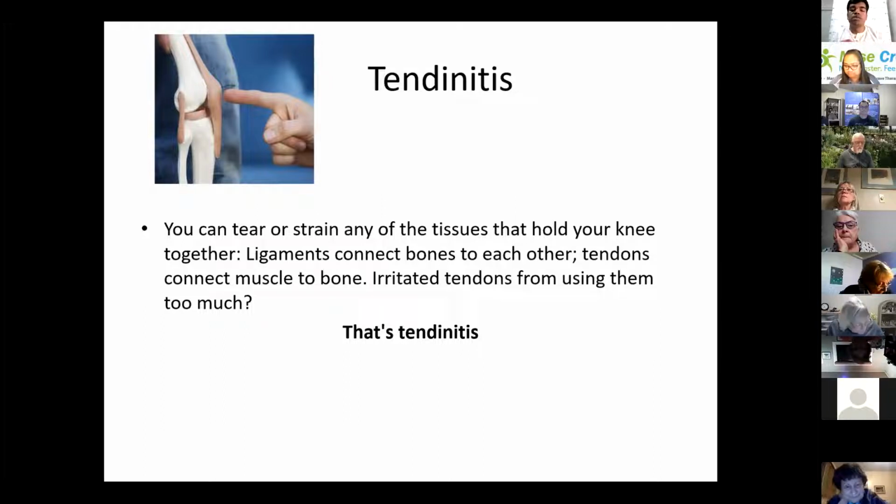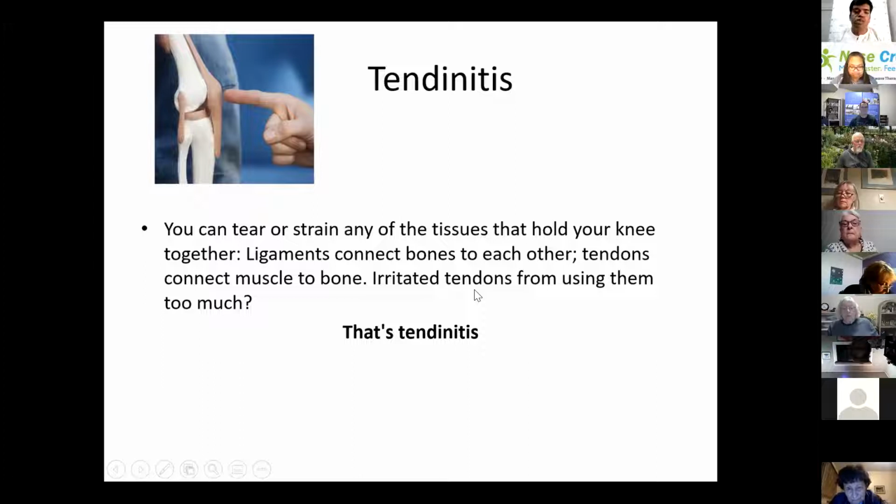There are multiple reasons why a tendon gets inflamed. As given in this slide, you can tear or strain any of these tissues that hold the knee together. Ligaments connect bone to bone, as I said, and tendons connect bone to muscle.